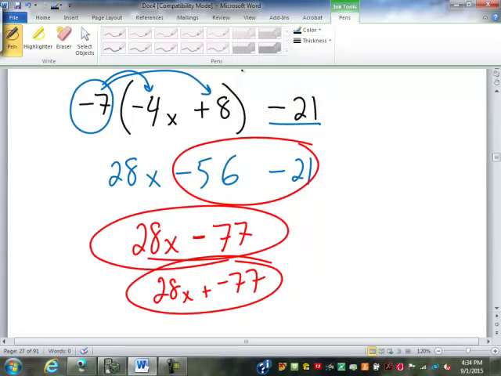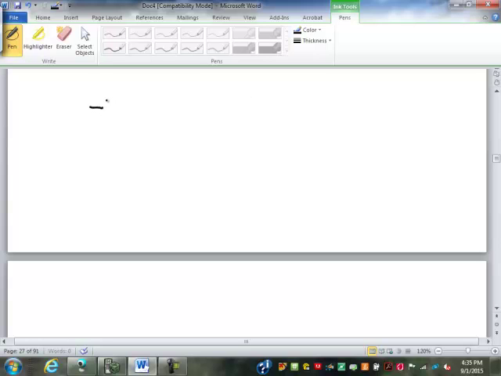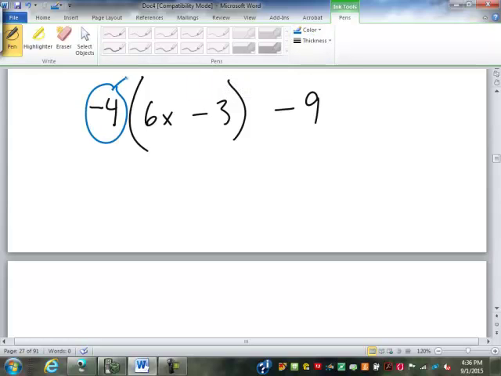Any questions on that one? Anybody need to see another example of that? Another example would be good? Let's try this one quick. So we'll start with negative 4 times 6x, which is negative 24x. Good.